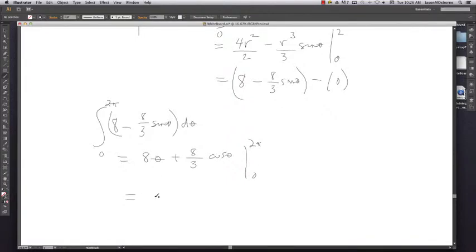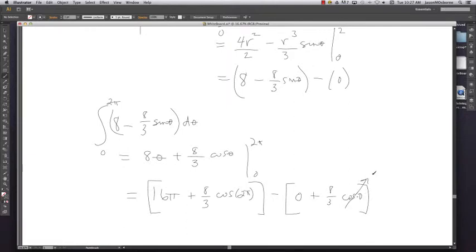So what do we get here? You get 16 pi plus 8/3 cosine of 2 pi minus 0 in for theta gives you 0 plus 8/3 cosine of 0.